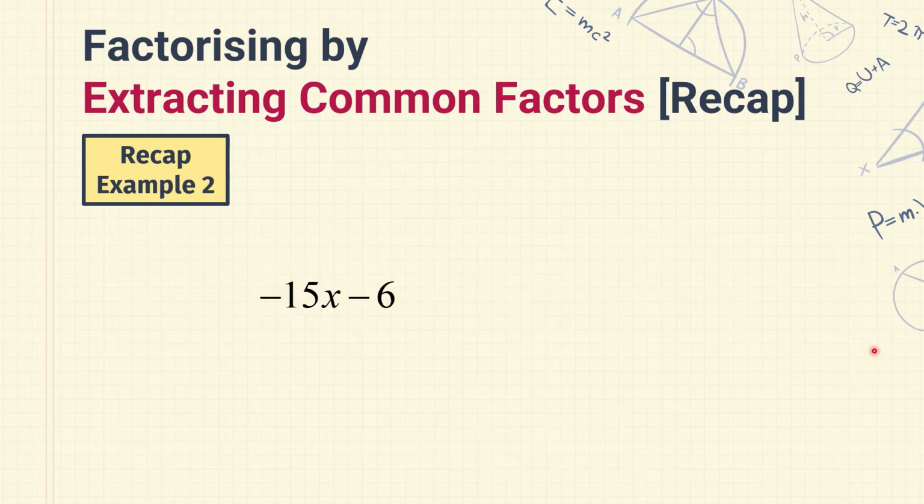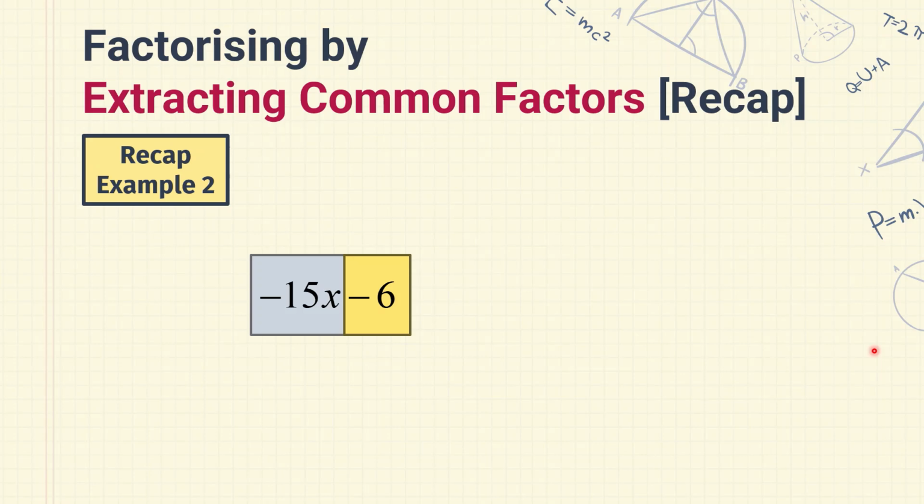Let's now take a look at another example. We have negative 15x minus 6. Again, we identify the terms, and that will be negative 15x as well as negative 6. Between these two terms, we identify the common factor.